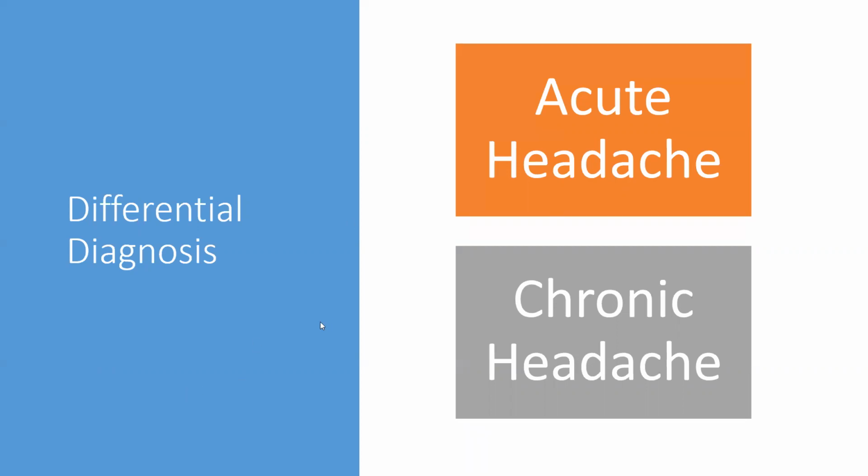So what are the common causes of acute headache? Can you guess, anyone? Okay, yes, CNS infection, and this is the one we don't want to miss, definitely. Anything else? Any other localized infection? ENT infection.